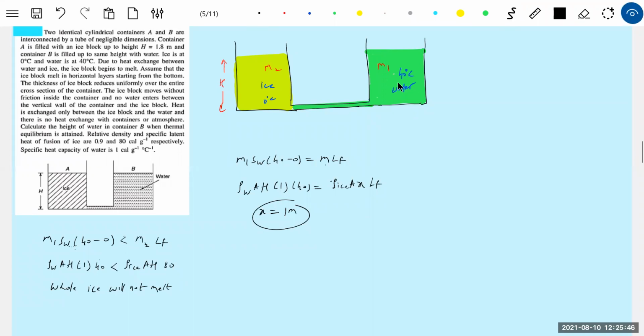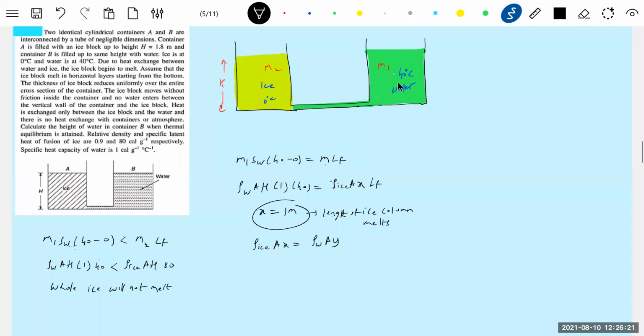Then how much length of water column will it make? I think the densities are different here. What length? Because the area of cross section is same, no? So therefore I'll go for density of ice, A into X, equal to density of water, A into Y. What length of water column will it produce when X length of ice column melts?